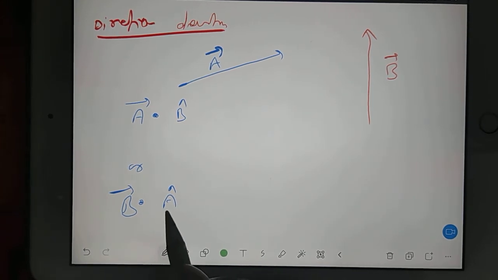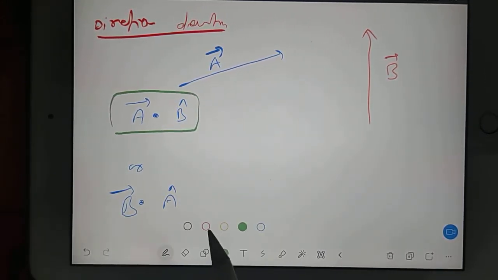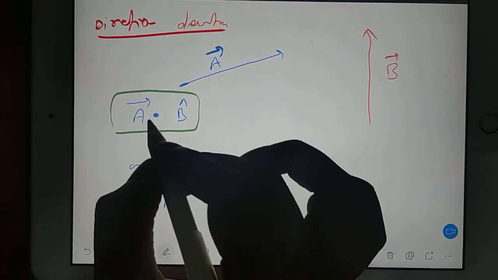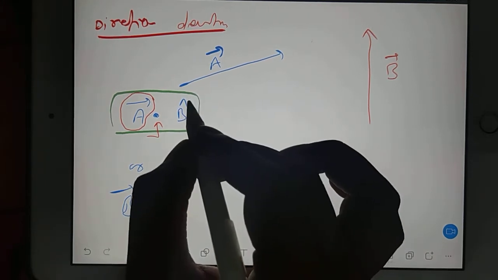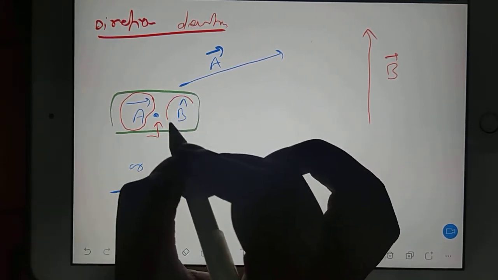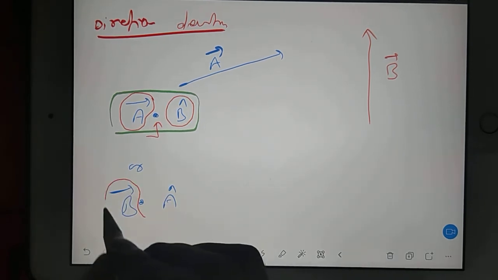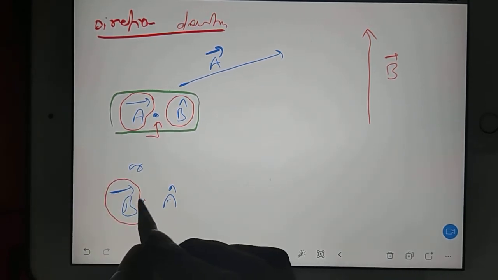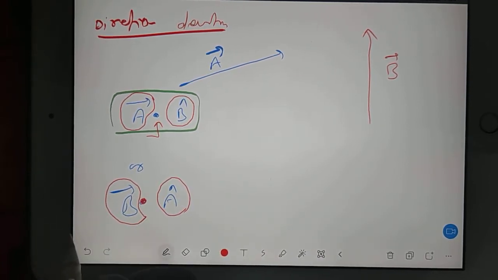What is the meaning of this? This means you are going to find out the dot product of vector A, but you are choosing in which direction? Direction B. And here just opposite. Vector B, you are going to do dot product with the direction of A, that is unit vector.